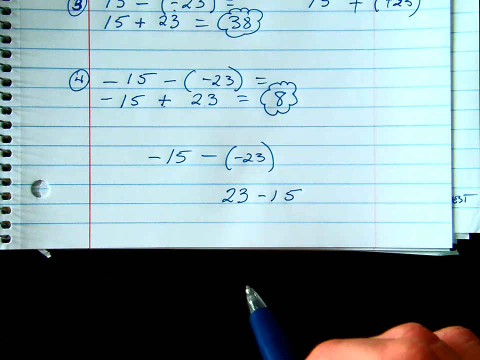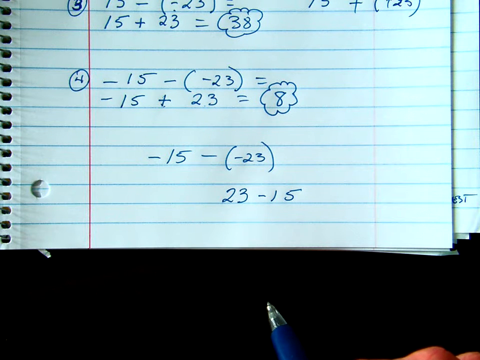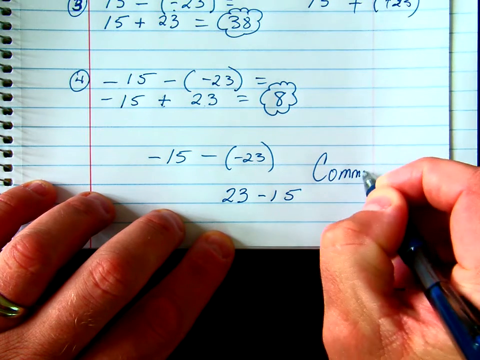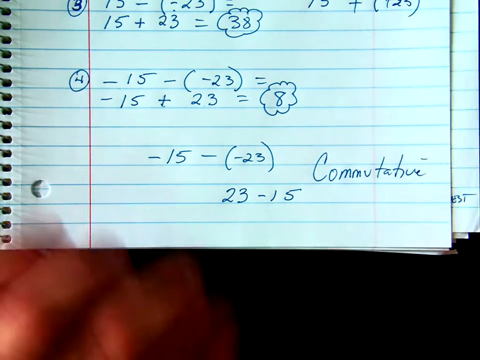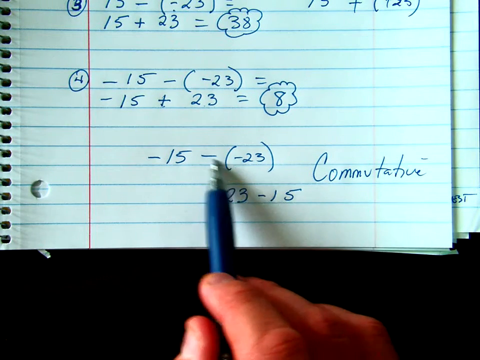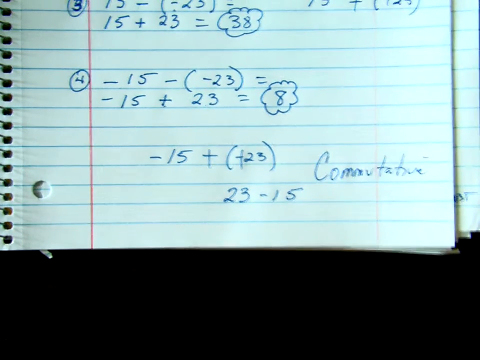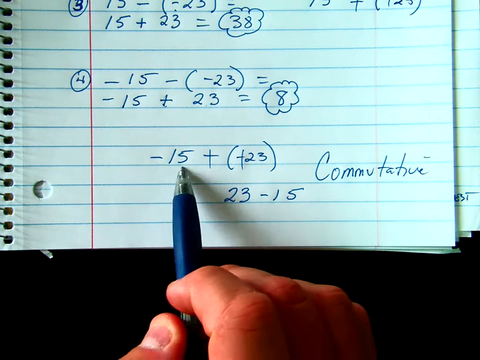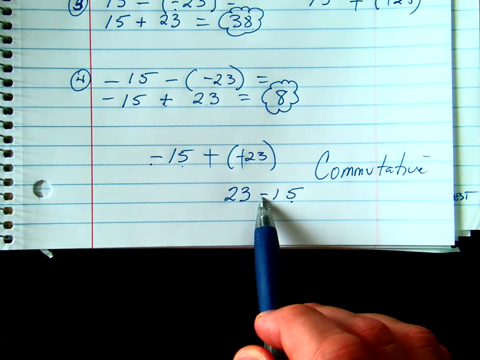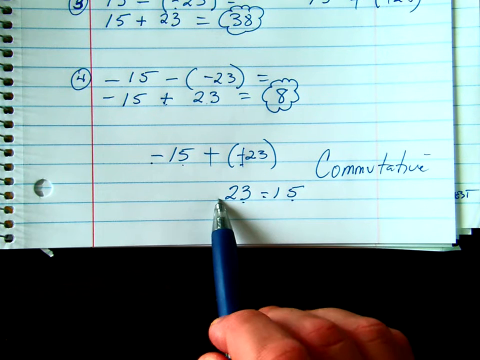It's not associative. Ashton? Commutative. Notice that, just like what Spiegel said, both of these turn into a positive. So I could technically write this 23 minus 15. Is this 15 negative? Yes. Is this 15 negative? Yes. Is this 23 positive? Yes. Is this 23 positive? Yeah.